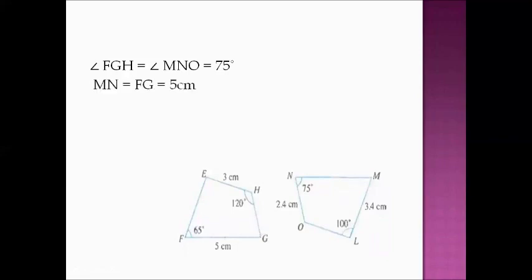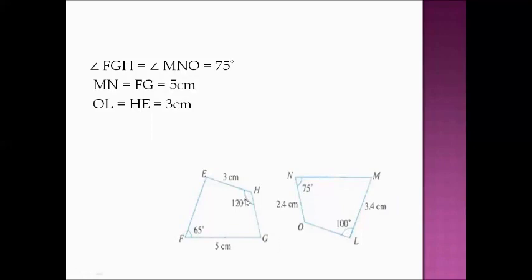Now coming towards the other quadrilateral. Here in this quadrilateral, what is missing? MN. MN is equal to FG, that is 5 centimeters. If it is 5 centimeters, so it is also 5 centimeters. Now OL. OL is equal to HE.